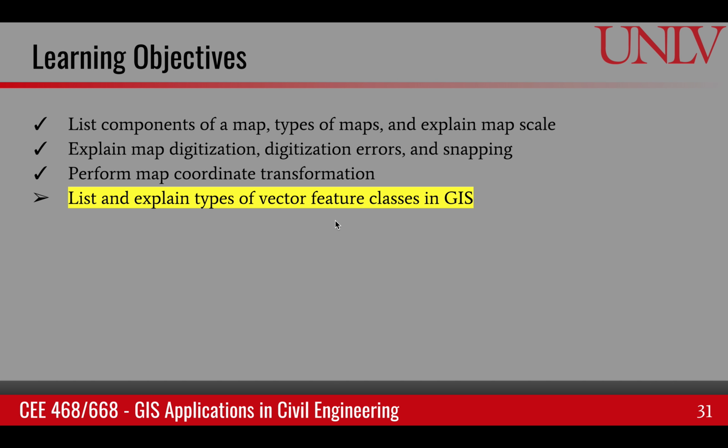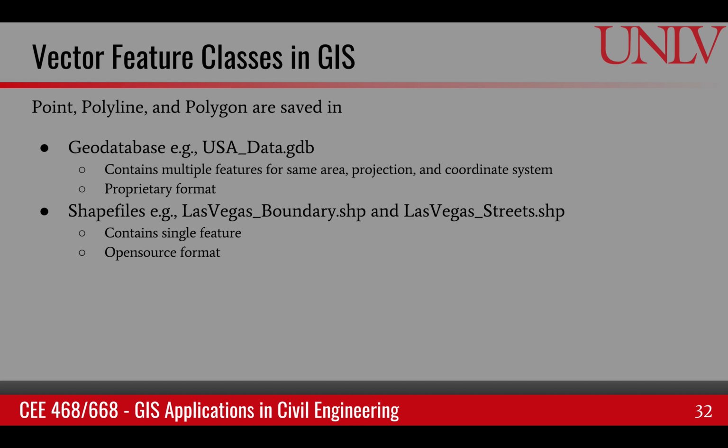The last learning objective of this module is to understand the vector feature classes in GIS and in particular in ArcMap. So you have learned about the three vector feature classes, the point, polyline, and polygon. And from your previous lab, you must remember that they were given to you in two forms.